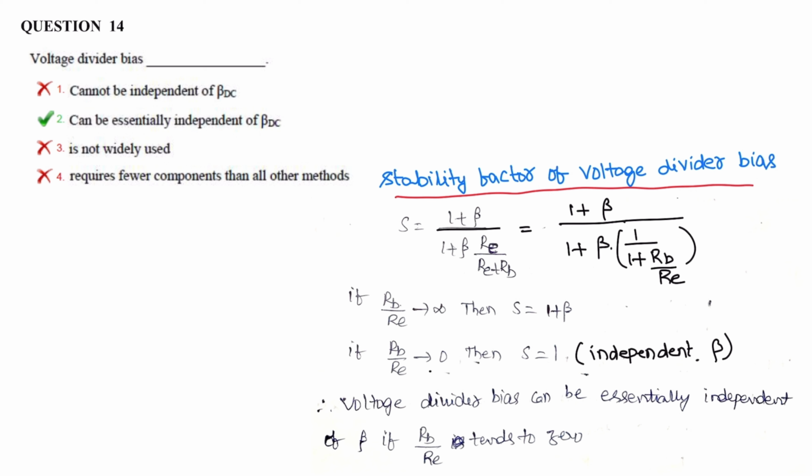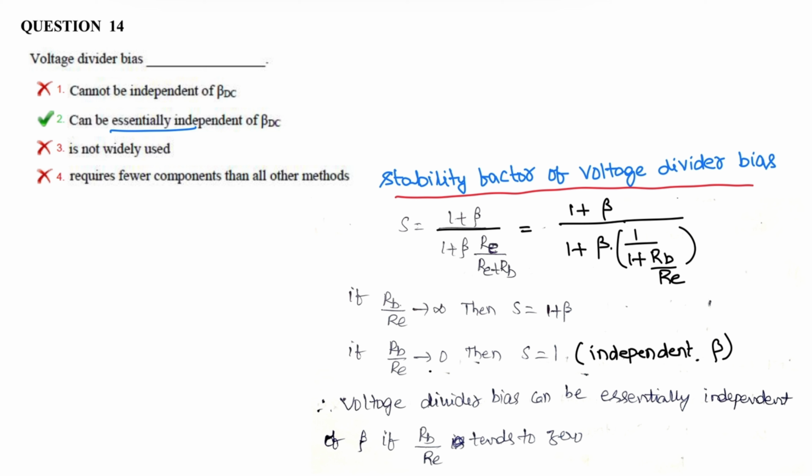So the statement that voltage divider bias cannot be independent of beta DC is wrong. It can be essentially independent of beta when Rb by Re tends to 0. So option 2 is correct.